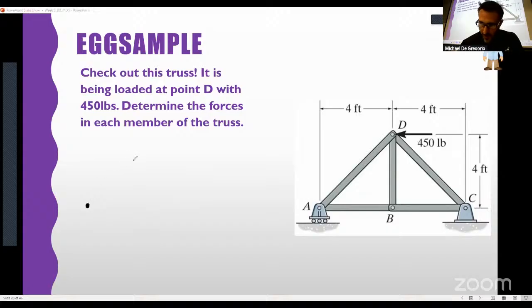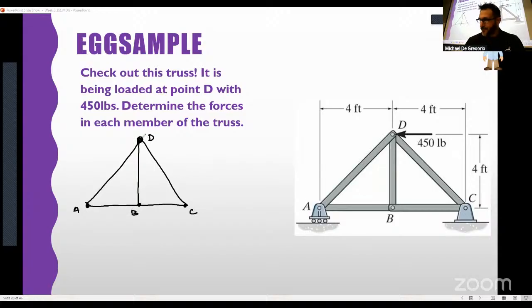All right, anyway, let's draw the free body diagram for the whole system. I've got point A, point D, point C, and point B. I've got some forces. I've got this force here, which is 450 pounds.